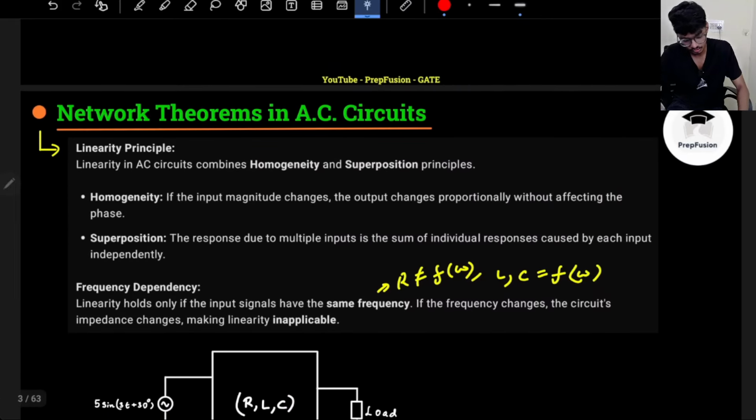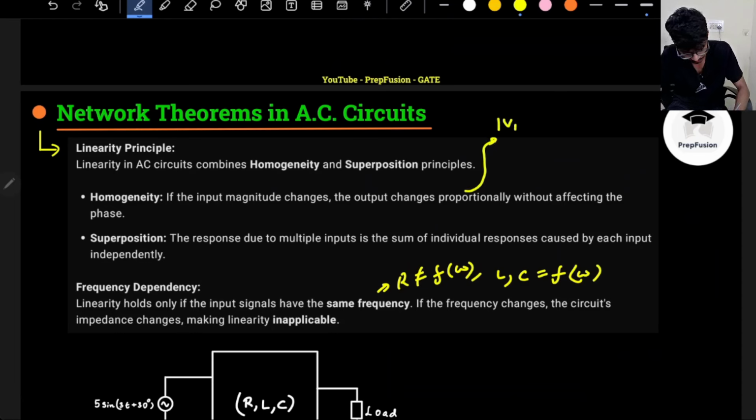So ultimately, this homogeneity basically means: if I initially have some magnitude v1 and some phase theta 1, let me write this properly.